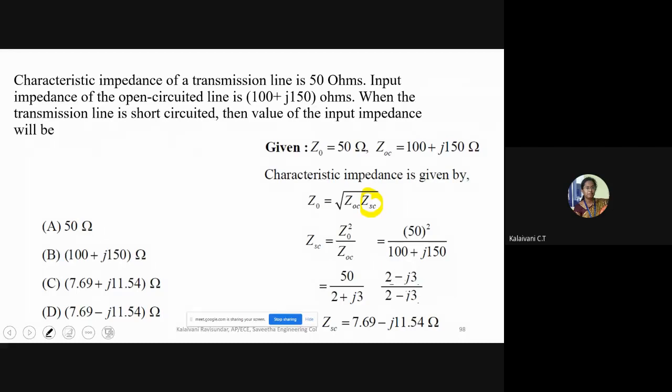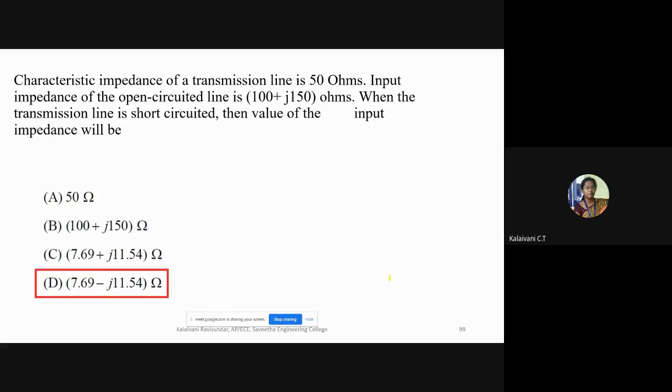The major thing to be concentrated is the minus sign. So the answer is option D, 7.69 minus j 11.54 ohms.